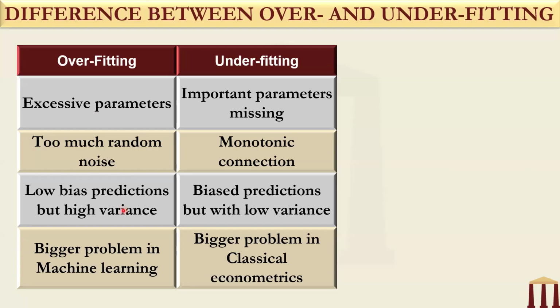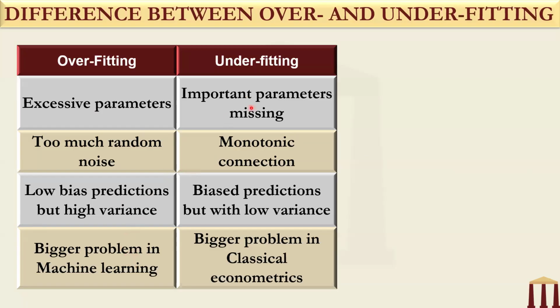It fits the training data really well, so it will have low bias, but if it fails on new data, it will have very high variance. It is a bigger problem in machine learning because machine learning often tries to use very flexible models. So overfitting is more of a practical concern in machine learning.